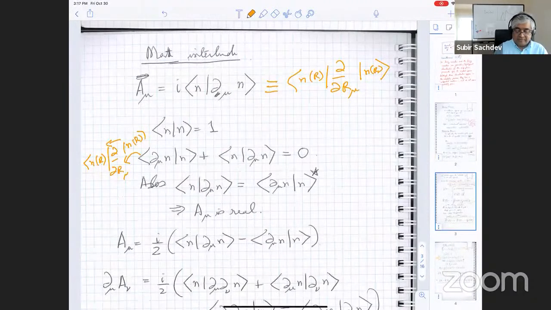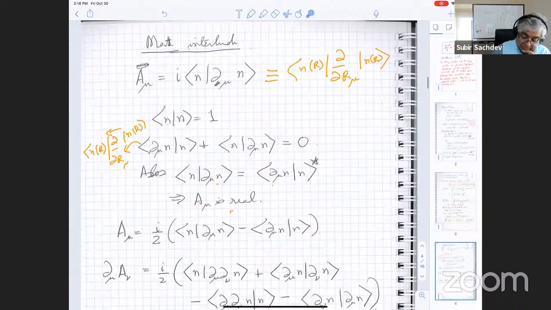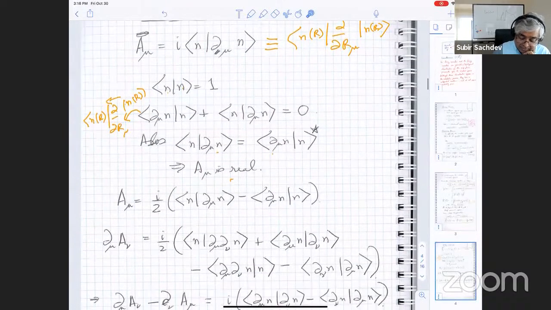Okay. So this is a nice way to write it. So you get a derivative of the bra and the ket. They have to sum up to 0, and also, well, this is obviously the complex conjugate of that. So this tells you A mu is real. Okay. So you can also write A mu in this way.